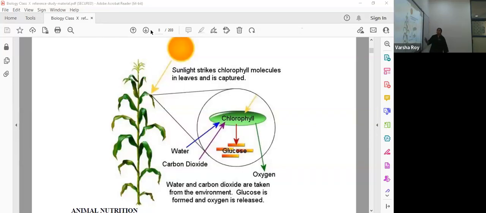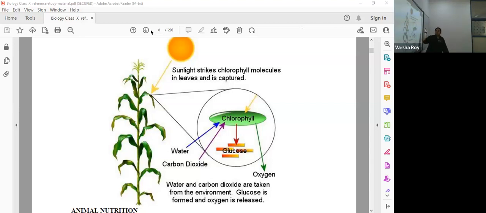So this is a summary of how the sunlight strikes the chlorophyll in leaves and is captured. It is taking place in the leaf. Then what happens here? Leaf का adaptation तो चाहिए. Leaf को sunlight properly available हो और maximum day time पे.